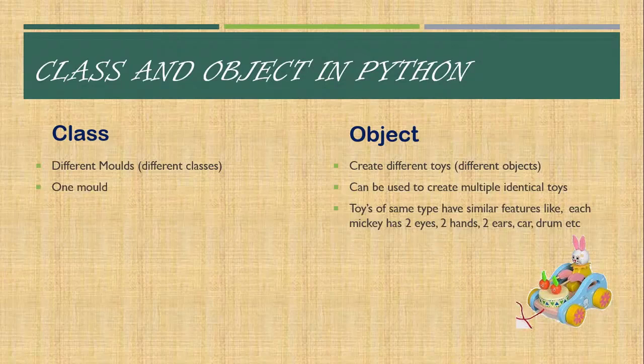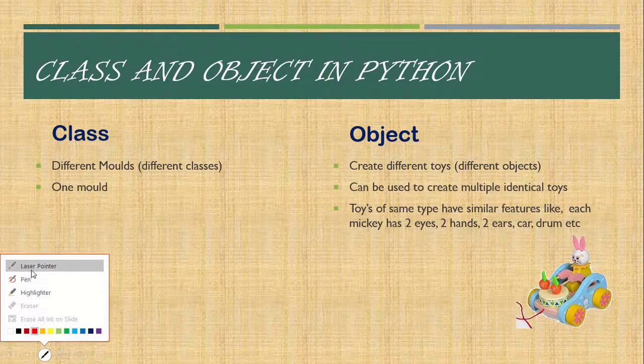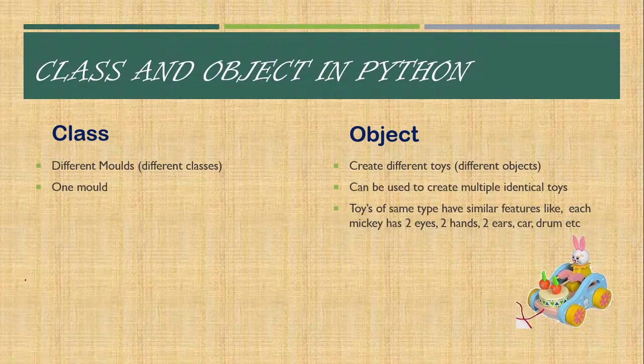Here there is a car and a drum, so if we instantiate an object of this type, each object will have all these properties: the drum, the car, and the face of the Mickey.